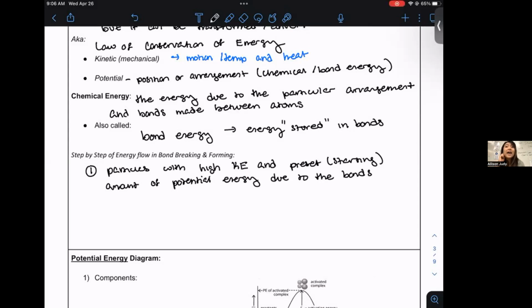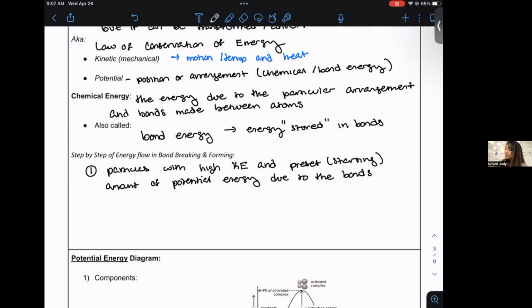That already comes in with energy. Remember how I said in the analogy that activation energy is the point from where you start to where you need to go? Your starting potential energy is based off of your starting bond arrangement. And then for overall energy, you have the additional kinetic energy that's due to the motion of the particles.